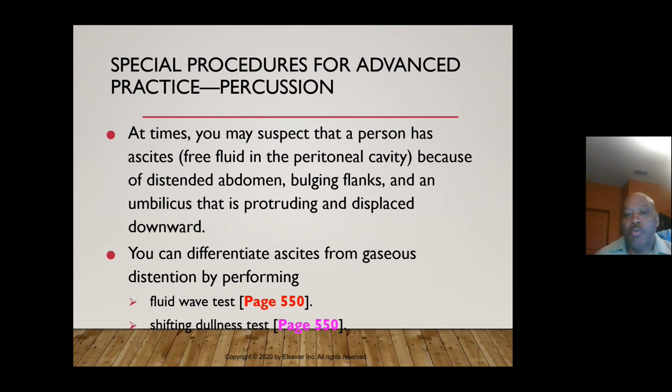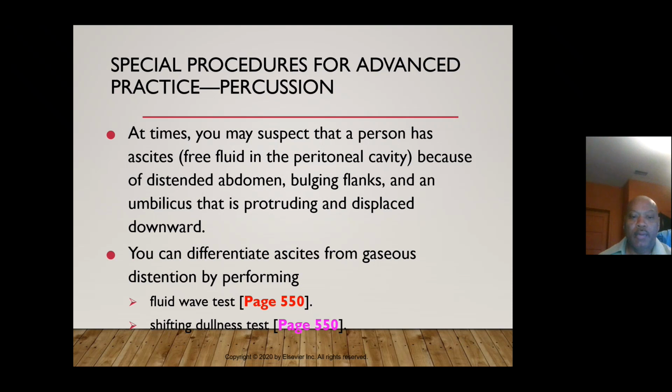Now, you can differentiate ascites from gaseous distension, because sometimes the patient just has a lot of gas in the abdomen. There's a couple of tests that we can perform. One is called the fluid wave test, which is on page 550, and the other is the shifting dullness test, which is also on page 550.